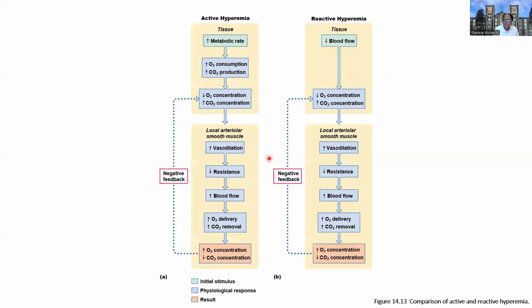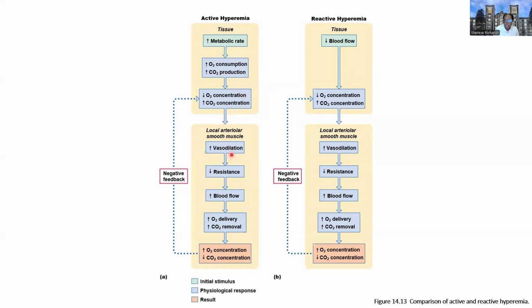Okay. So here's just a comparison of those two things. Okay, we have active hyperemia, which is where the metabolic demand of the tissue increases. And so the oxygen consumption is more than is being delivered, and the CO2 production is more than can be cleared. Okay, so we have excess CO2 and a deficiency in oxygen.